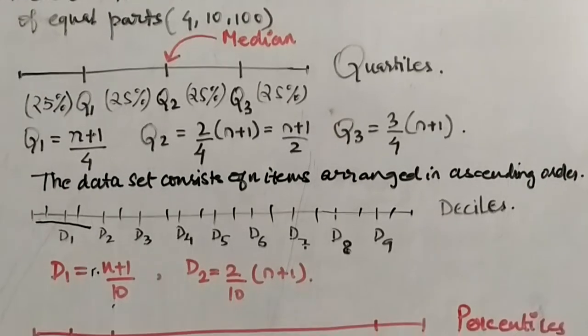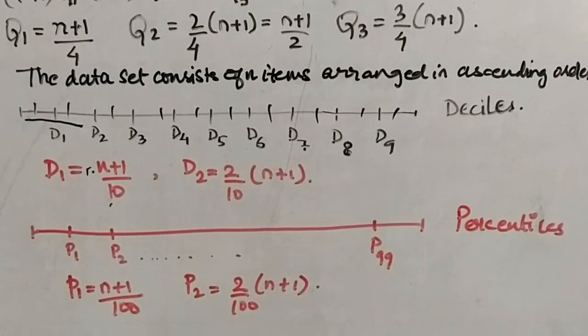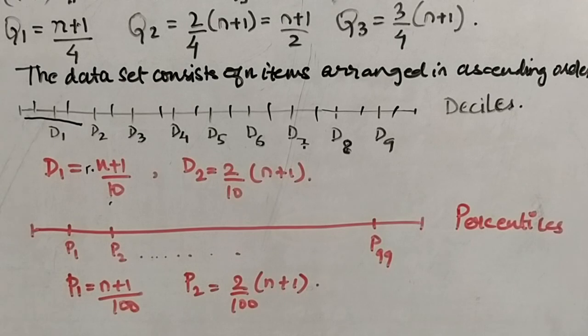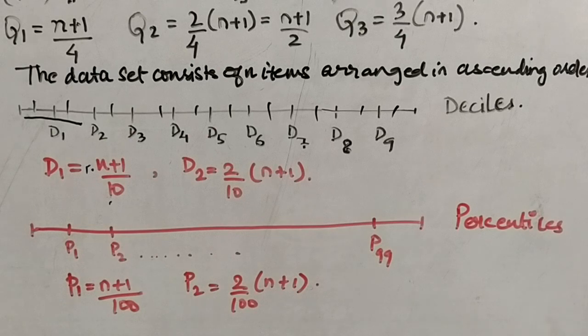In case of percentiles, you can see percentile, percent means 100. Whenever you want to convert something into percentage, what do you do? You multiply by 100. Okay? So here's the thing. Whenever you divide the whole distribution into 100 equal parts, you make 99 cuts.